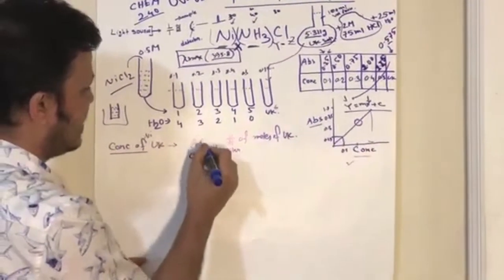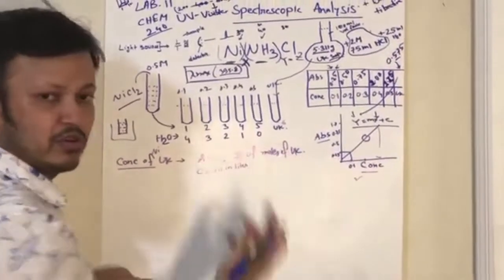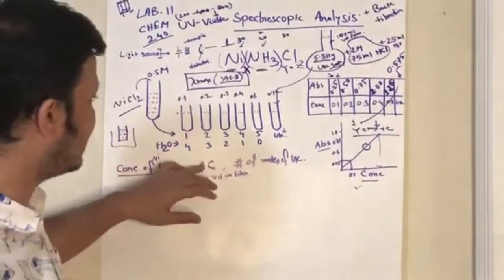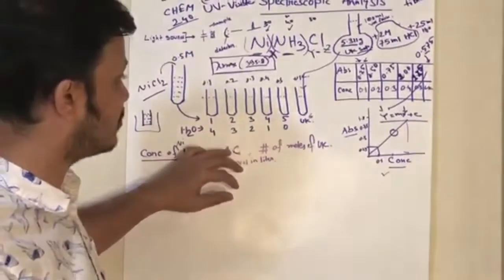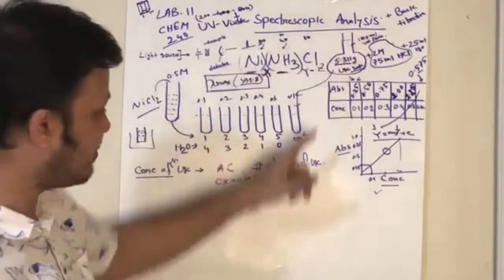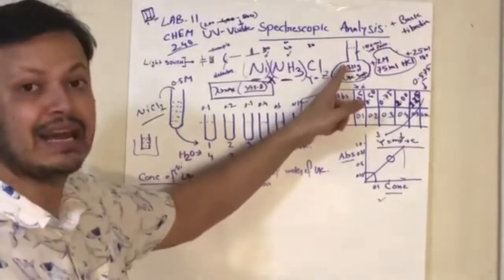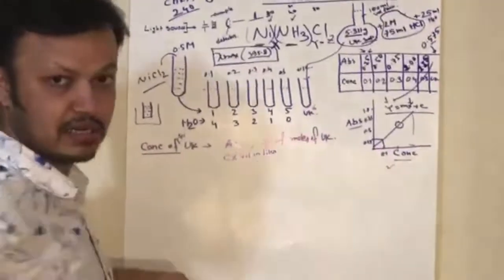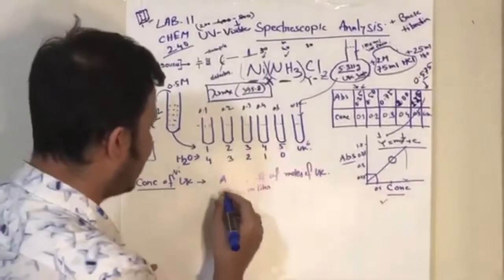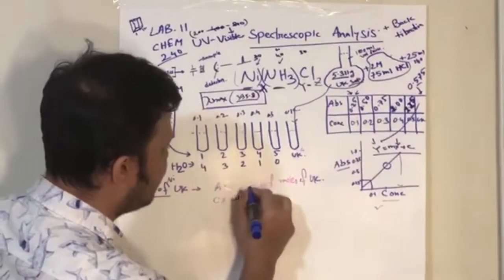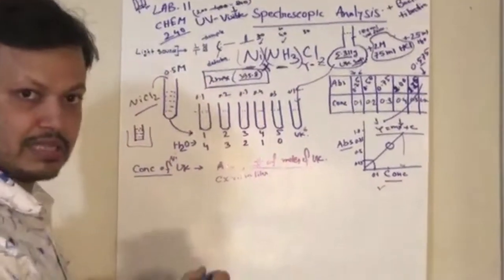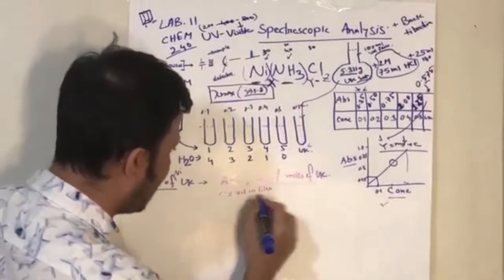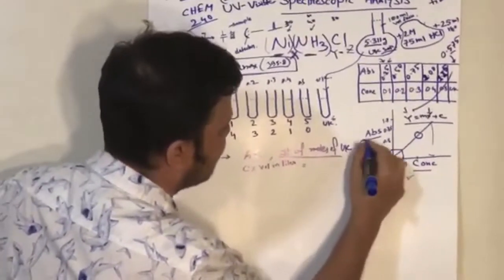Then the number of moles of unknown: what is it? The concentration is here, and the number of moles of unknown is in 100 ml. How can you get it? Concentration multiplied by the volume in liters. Then you will get the number of moles of unknown. Suppose you call that A. So this is the number of moles of unknown.